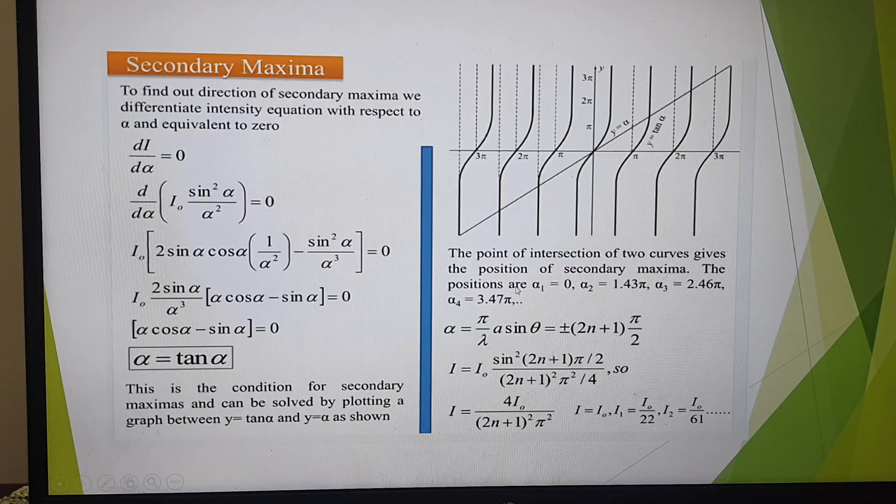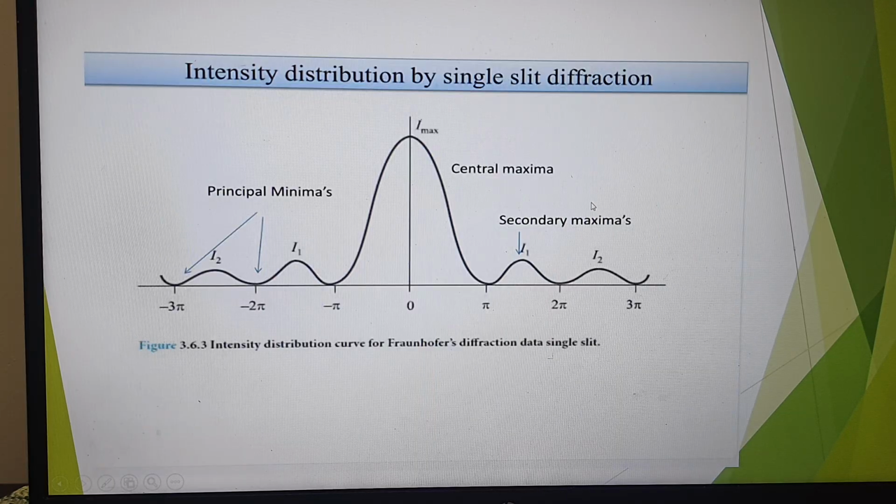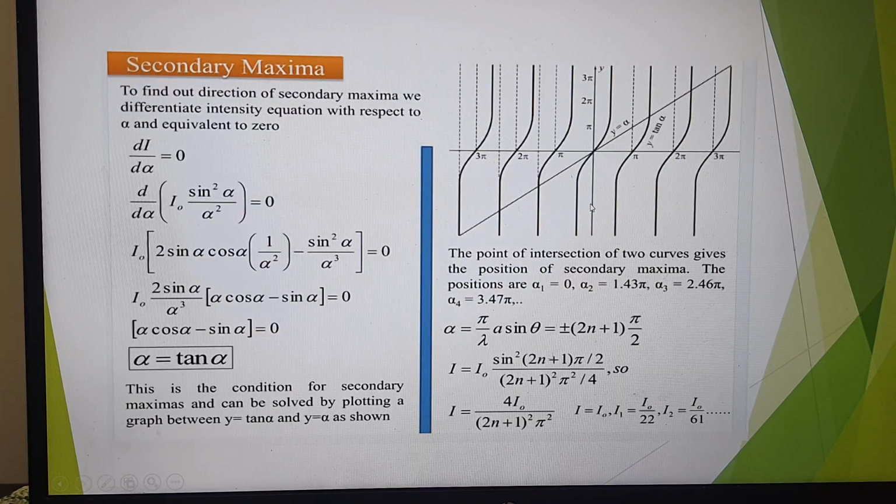These positions will take alpha 1 as 0, alpha 2 will be 1.43 pi, alpha 3 will be 2.46 pi. At the same time, another formation, that is alpha equal to plus or minus pi by 2, then plus or minus 2 pi, and plus or minus 3 pi, up to plus or minus n pi values will come.